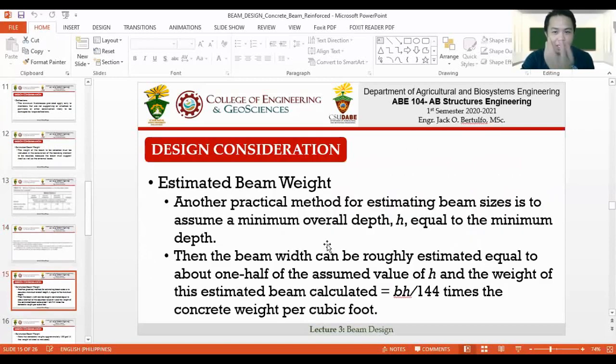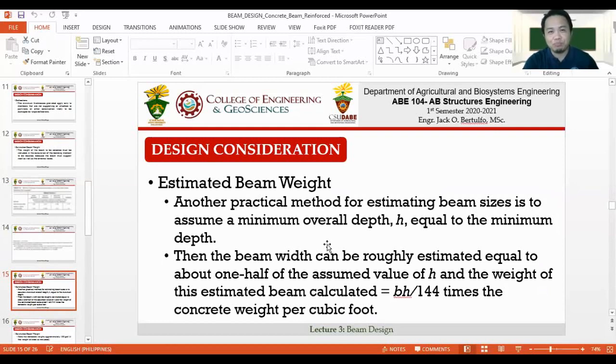Okay. So another practical method for estimating beam size is to assume a minimum overall depth h equal to the minimum depth. Then the beam width can be roughly estimated equal to about 1/2 of the assumed value of h. And the weight of this estimated beam is just equal to bh over 144 times the concrete weight per cubic foot.